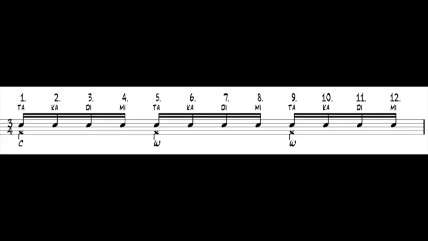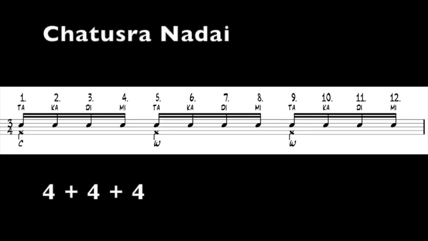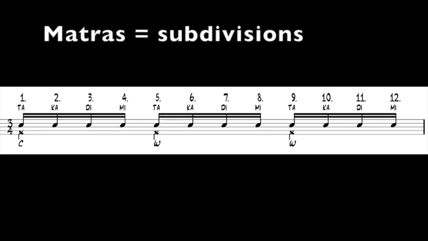We can say that the number 12 could fit on a 3-beat cycle if every beat is 4 subdivisions. In Western notation, we will call this 16th notes, or in Konnakkol, we will call that Chatusra Nadai. The subdivision is also called matra.